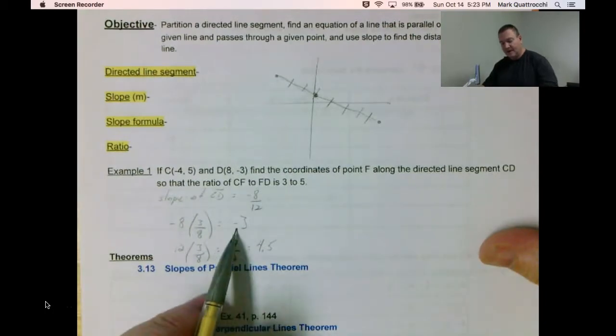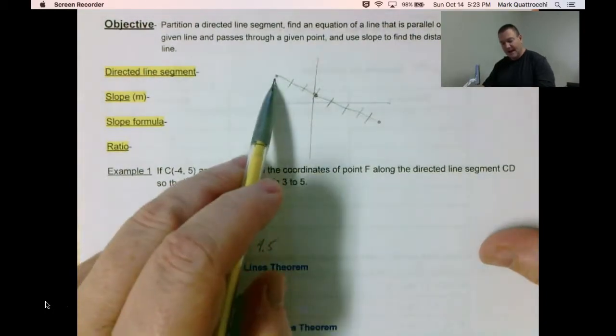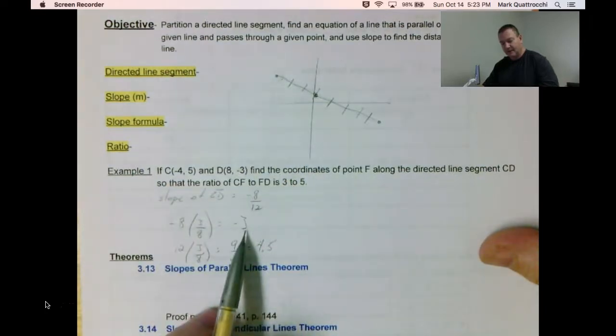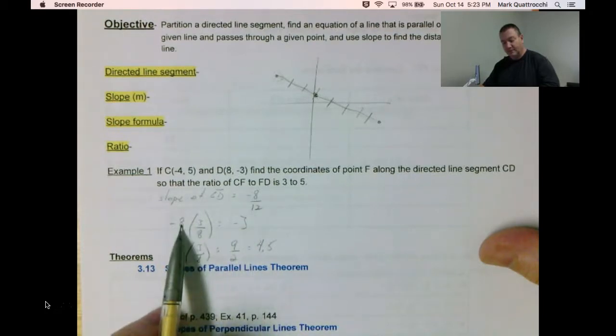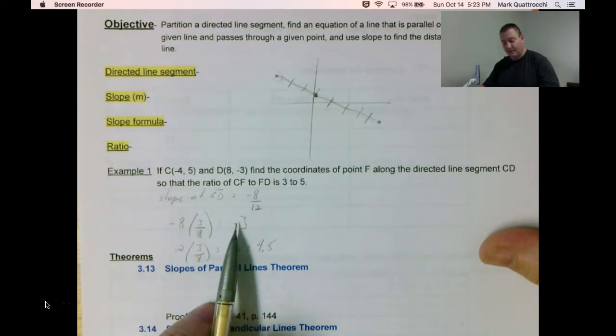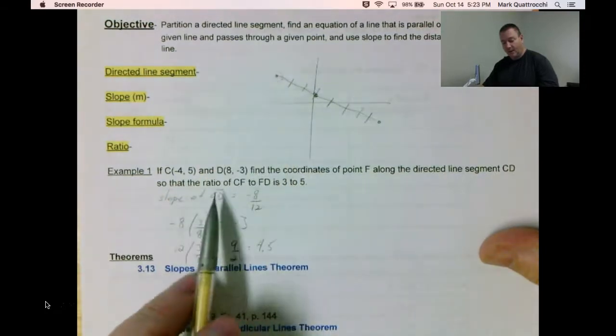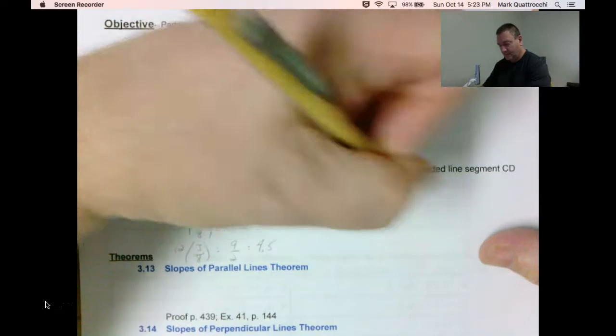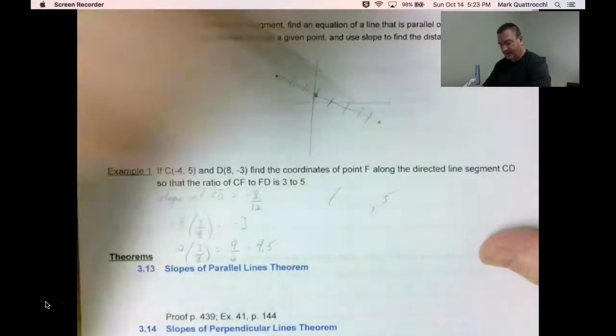We take each of these parts and add that to point C. So we add -3 to the Y part of C. The Y part is 5.